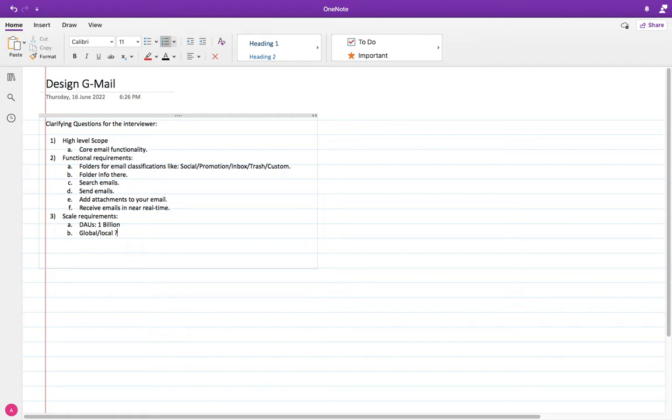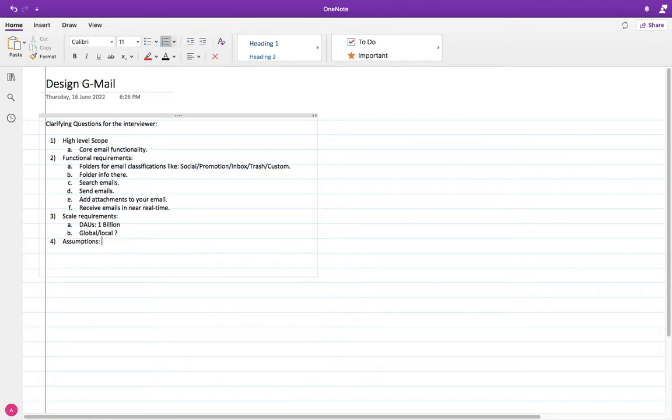So we are clear with the scope, we are clear with the functional requirements, we are clear with the scale. Let's move ahead. What would we need to actually reduce the scope or know a lot more about the problem we are going to design? So there are a couple of assumptions which you need to take while actually estimating further on the scale.